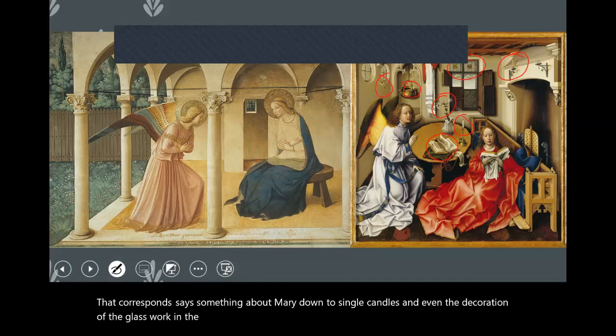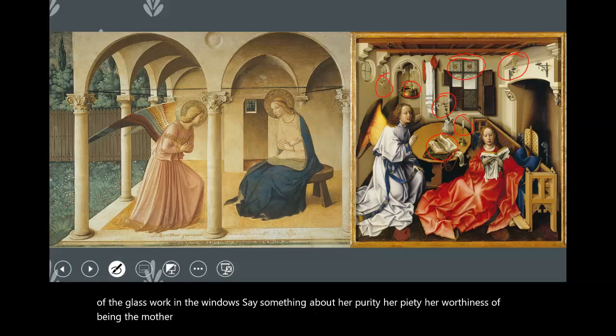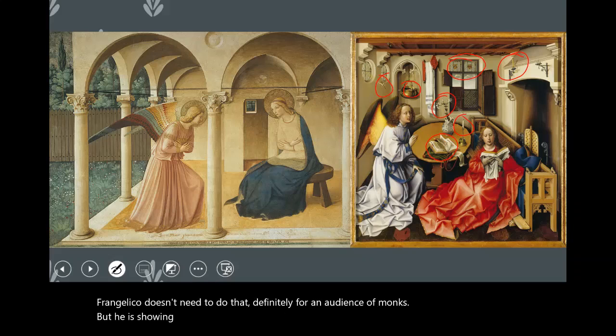They say something about her purity, her piety, her worthiness of being the mother of God, essentially. Fra Angelico doesn't need to do that, definitely for an audience of monks, but he is showing an essence of respect, a reminder of scripture in the simplest way possible.